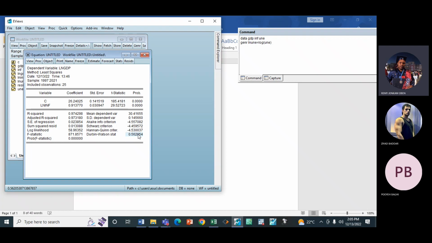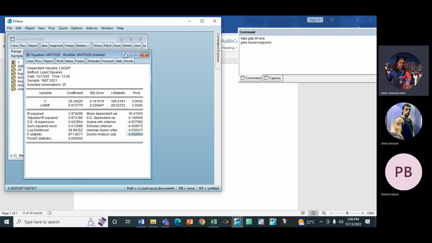But if it is between 2 and 4, that is above 2, it means there is negative autocorrelation. Anyway, you don't need to know those details. Just know that if it is around 2, there is no autocorrelation. But if it is far from 2, maybe closer to 0 or closer to 4, then it means there is autocorrelation. For now, just understand it that way.